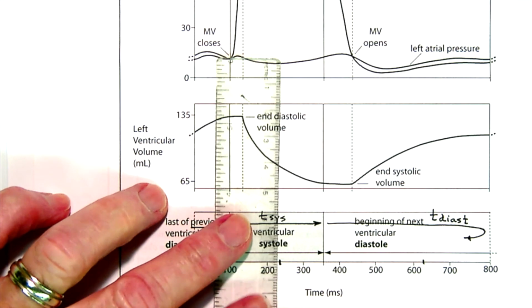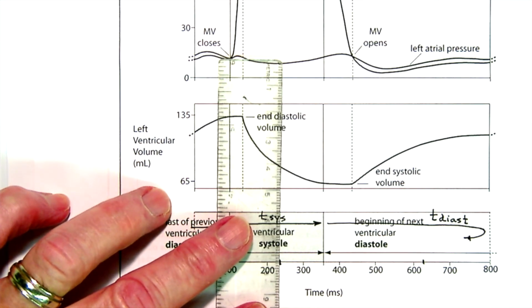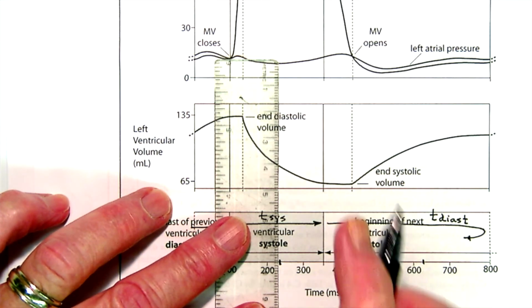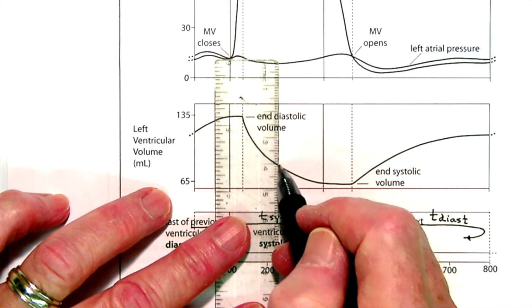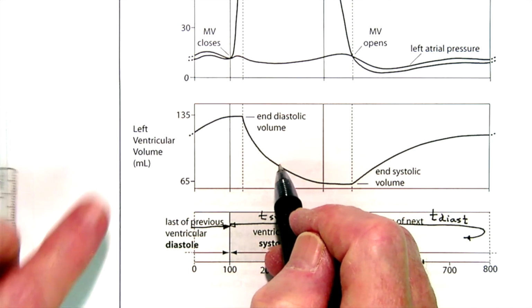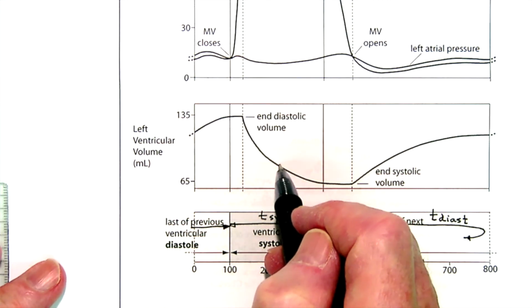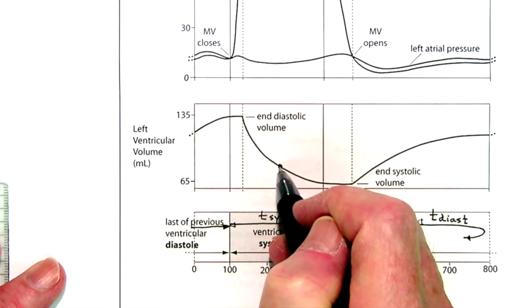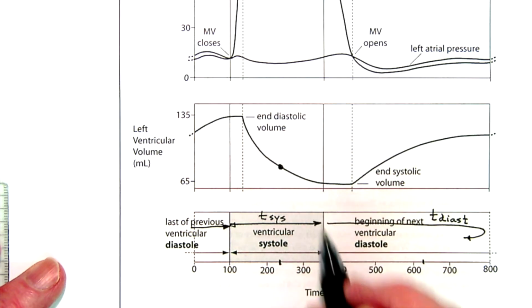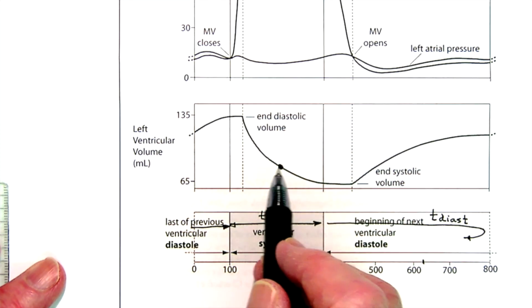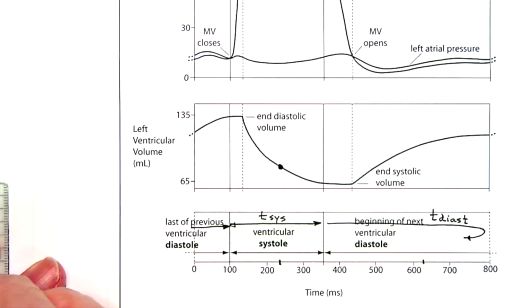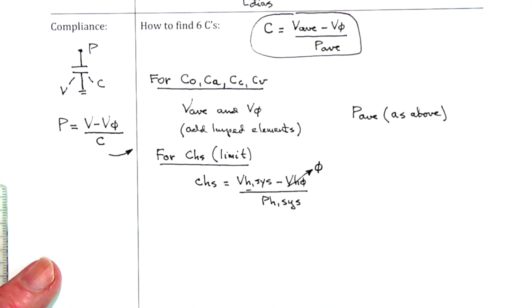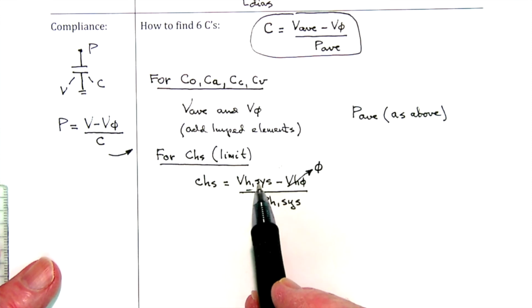We will take our ruler and go up to the middle of this diagram, because in the middle are the graphs of the volume in the heart, the volume in the left ventricle, which is the heart, and where the ruler crosses that line is a dot. I'm going to say that that is the volume of the heart during systole. Go off to the left and estimate what the volume is in milliliters, change that to liters. And that will give the numerator.